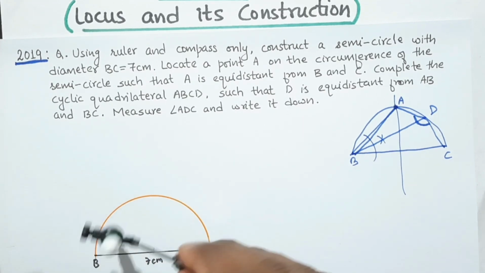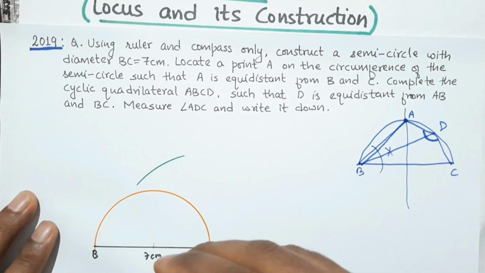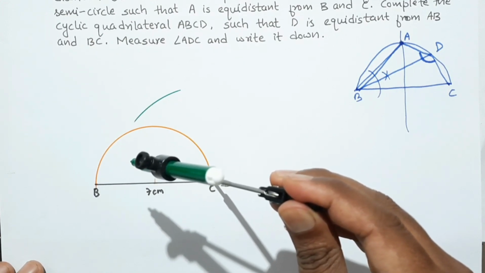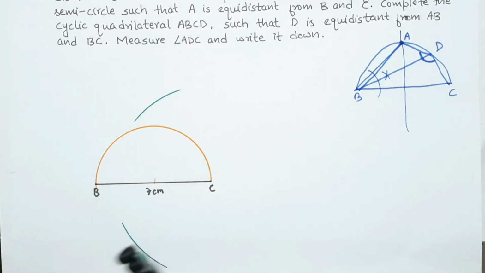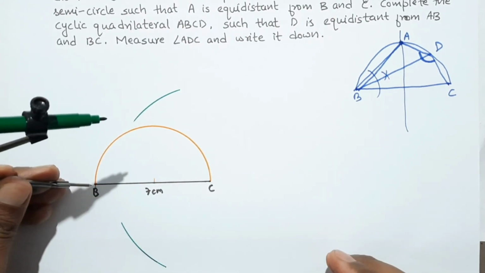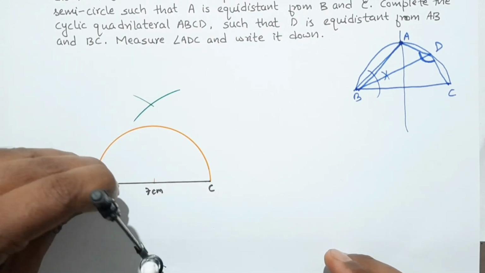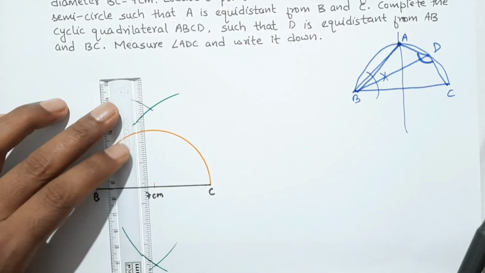I'll mark one arc here and another arc on the other side. Then cut these arcs by putting the compass at point B. Now this is our perpendicular bisector of BC.